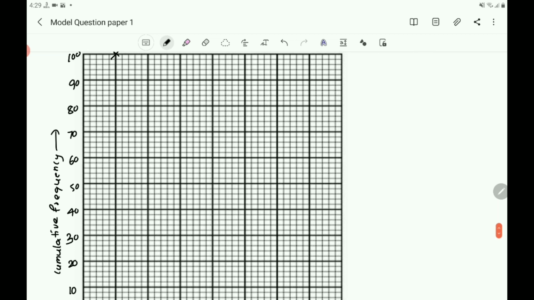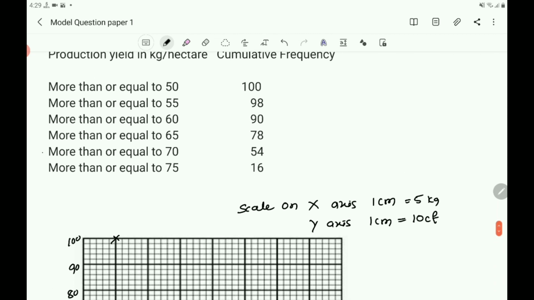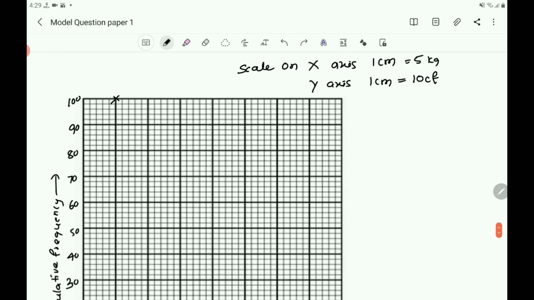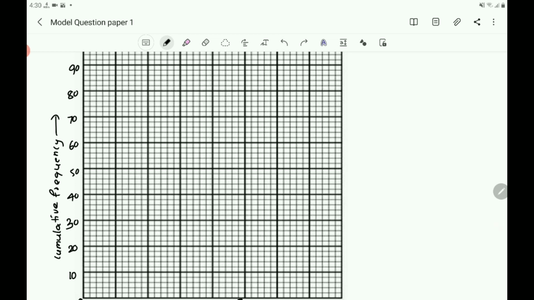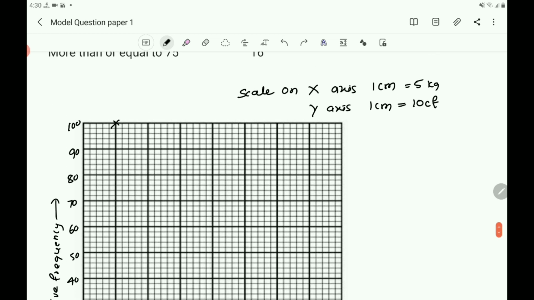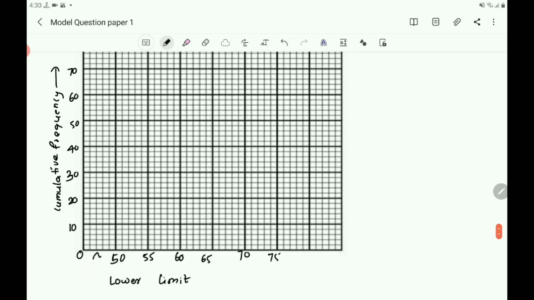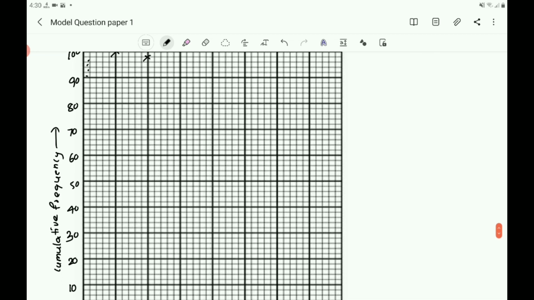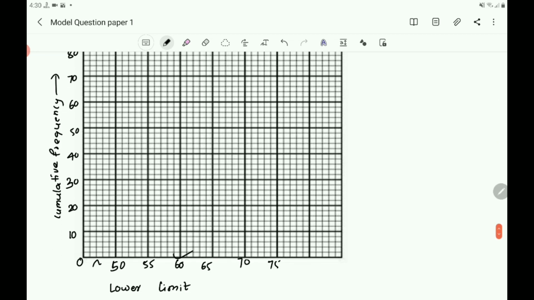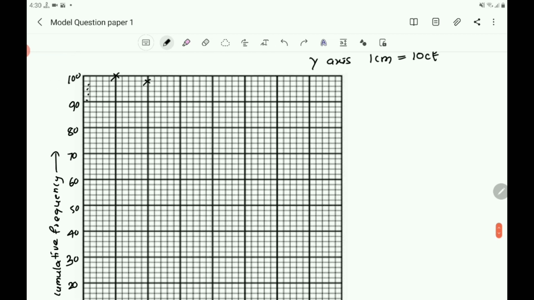Then next 55, 98. 55 is here, go straight. 98 means, that is 1, 2, 3, 4, 5 is there. 1 means 2, so 1 box less. Then next 60, 90. So go straight, 60 is here, go straight to 90.